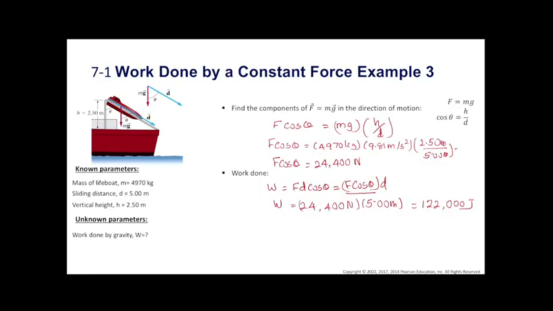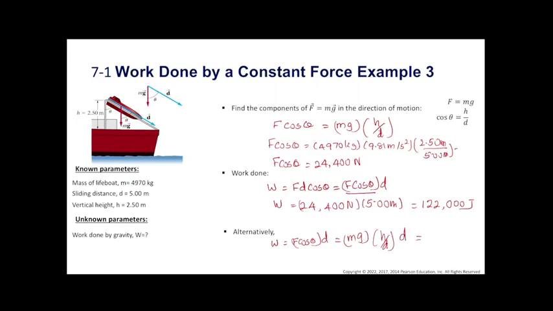Now we can find the same value with another method. We can first find the work done in symbolic form. Now we know that work done is F cos theta times D, and for F cos theta we can use F is mg, cos theta is h over D, times distance.